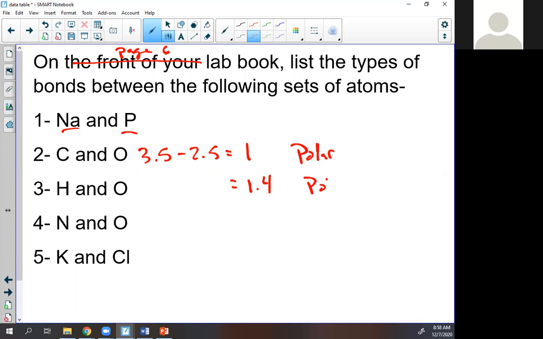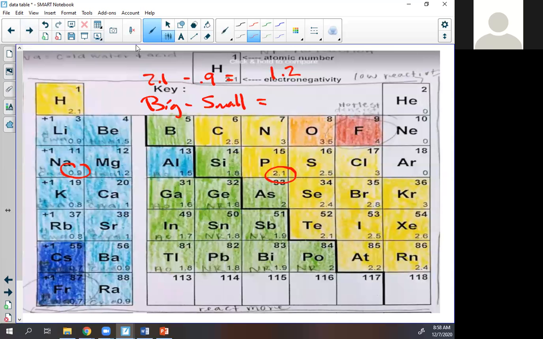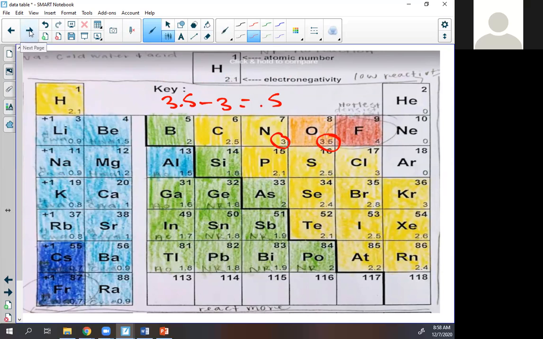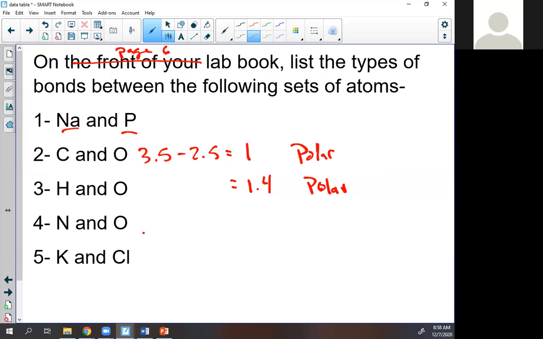And that was polar. Oh man, are they all polar? No. N and O is what? I better look. All right, so N is a 3. O is a 3.5. Big is 3.5 minus 3 equals 0.5. Finally, something different. We would say this one is non-polar.